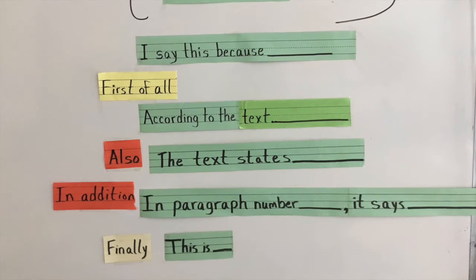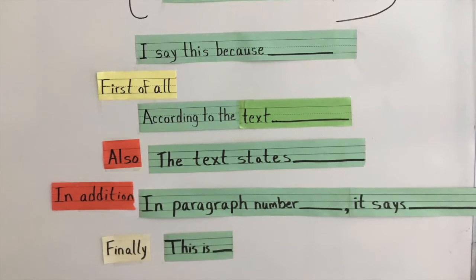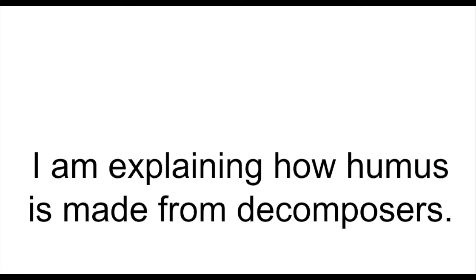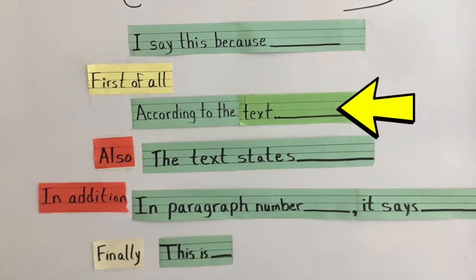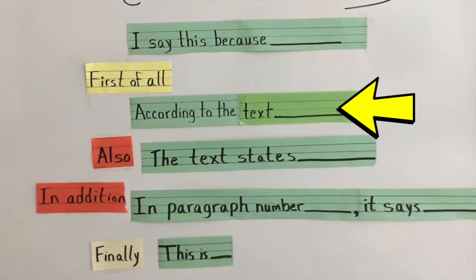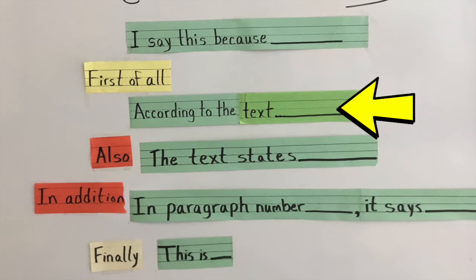Okay, so now that we have our topic sentence, we need some details to support the topic sentence that says, I am explaining how humus is made by decomposers. Let's look at the first sentence stem, which says, according to the text.